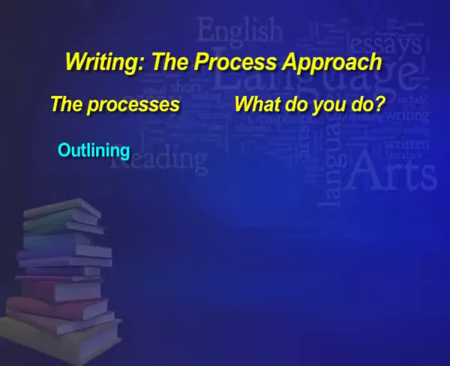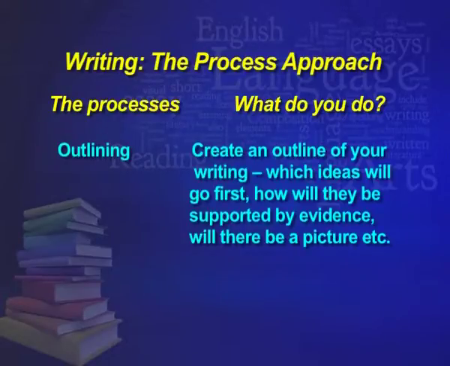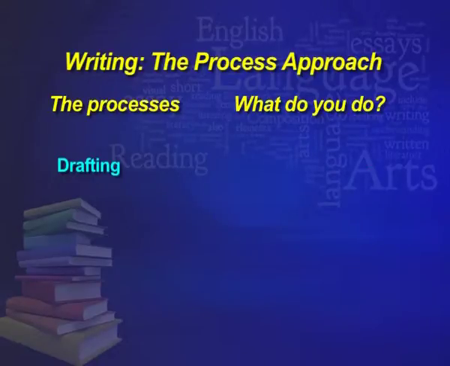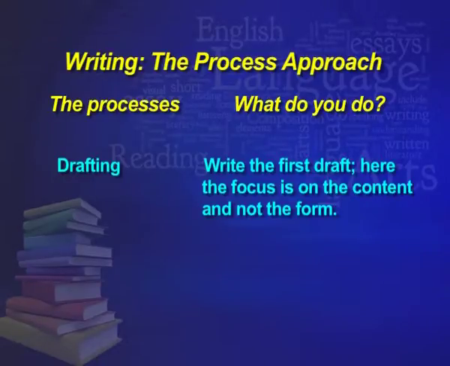Then you write the outline, create an outline for your writing: which ideas will go first, how they will be supported by evidence, will there be a picture, etc. Drafting. So, you write the first draft now. There the focus is on the content, not the form, meaning do not bother about language mistakes and errors now.